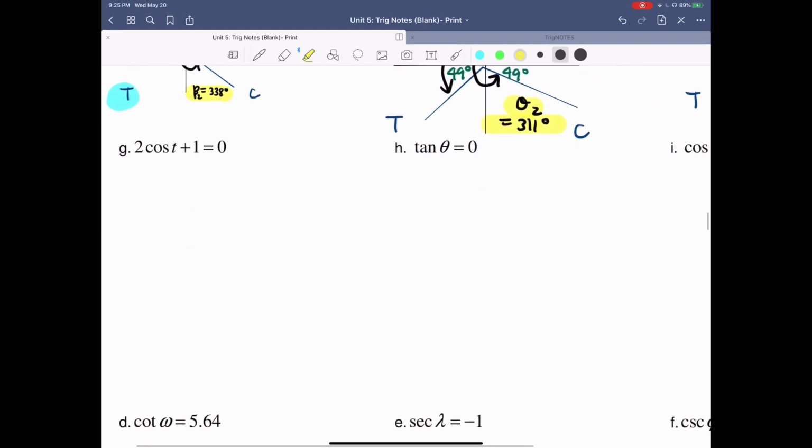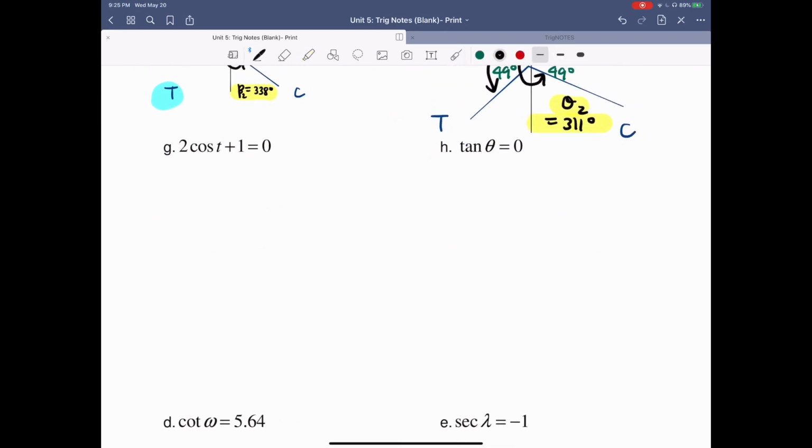Moving on to G, I have 2 cos t plus 1 equals 0. So basically, I don't have my cos t by itself. So I need to first do BEDMAS backwards, and I get 2 cos t is equal to -1.